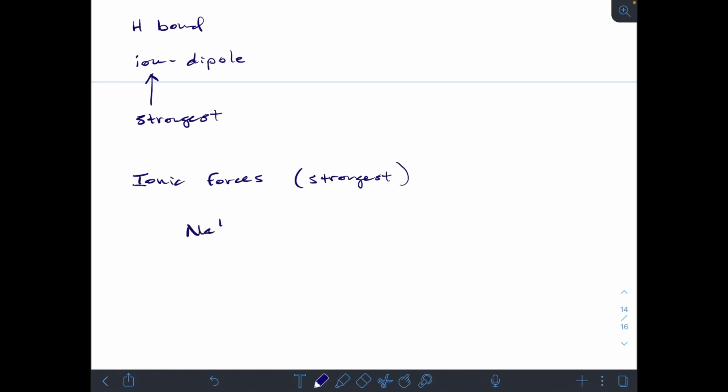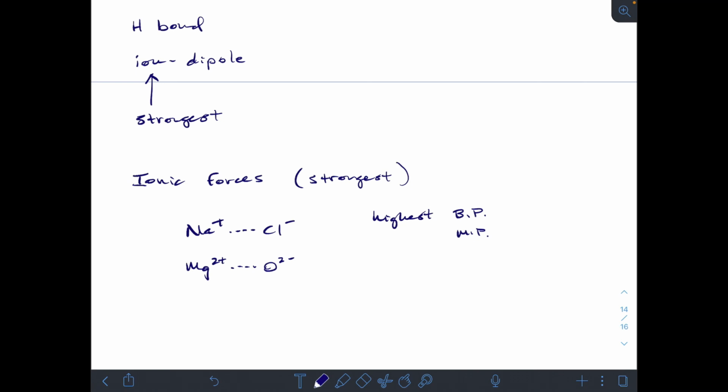Those are the interactions where we have a sodium plus interacting with a Cl minus, or a magnesium 2 plus with an oxygen 2 minus. These are the strongest forces there are, so highest boiling points, melting points, things of that nature.